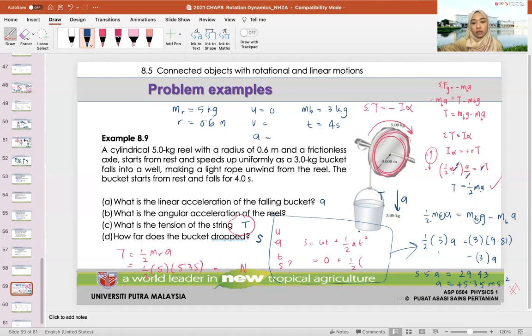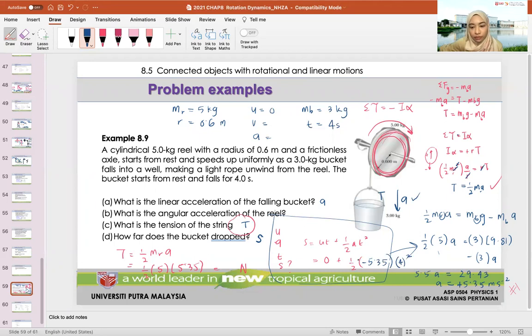Itu sahaja. So now that you know that your assumption is correct, you know that your acceleration is indeed going down. Therefore, your A must be negative. So that is going to be minus 5.35. And your T is, it fell for 4 seconds. So that is 4 squared.